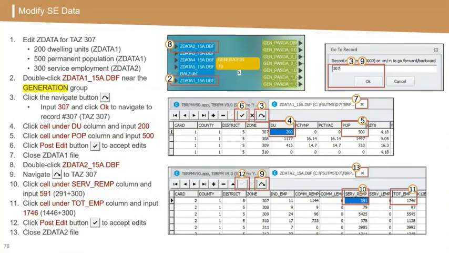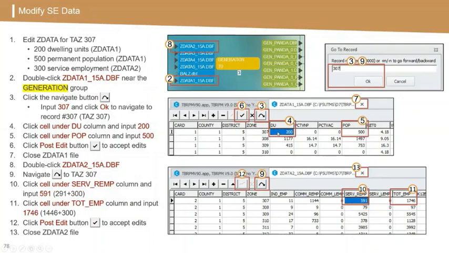Using the navigation button to navigate to TAZ307, which is a TAZ for the University Mall. Go to this TAZ307, and you should see 0 DU and 0 population there for the existing base scenario condition. So here we want to add 200 dwelling units and add 500 population.